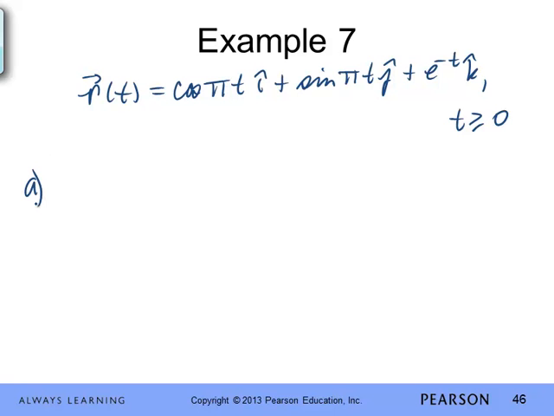So we have a couple of pieces for this problem. Part A, evaluate the limit as t approaches 2 of r of t.